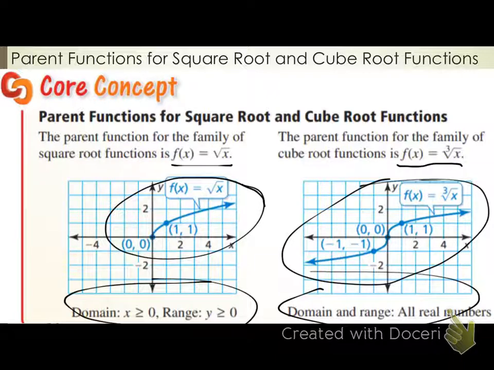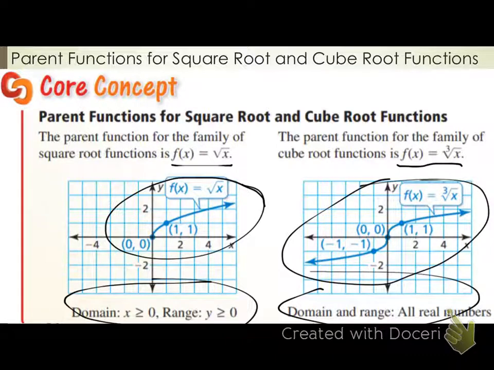The domain is x is greater than or equal to 0, because if I plug in anything less than 0, that's going to be a negative number, and I can't do that with real numbers. So I can plug in any number from 0 all the way to infinity. That makes my range y is greater than or equal to 0, because my stopping point is 0 and it goes all the way to infinity. So there's the domain and range of my square root function.